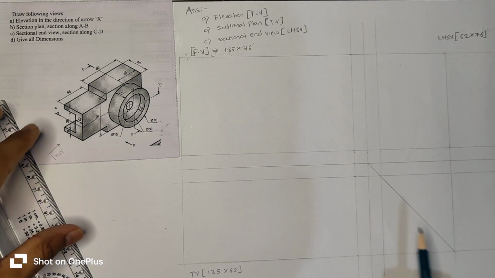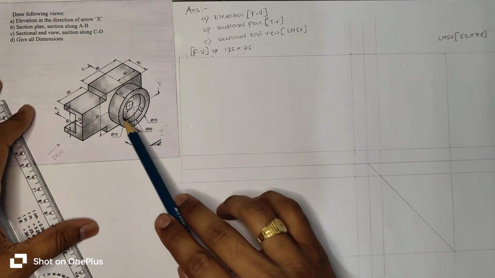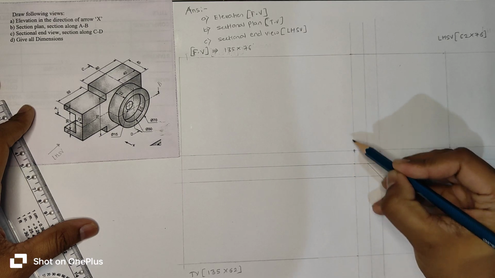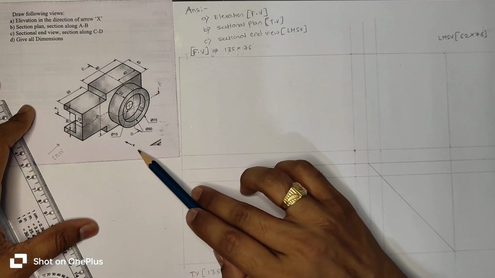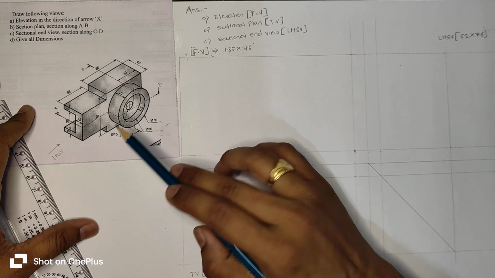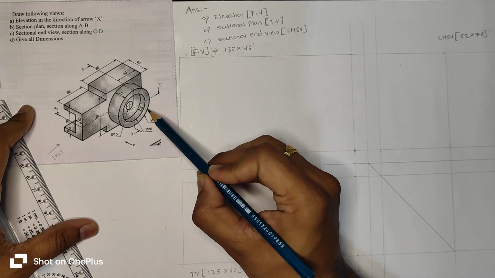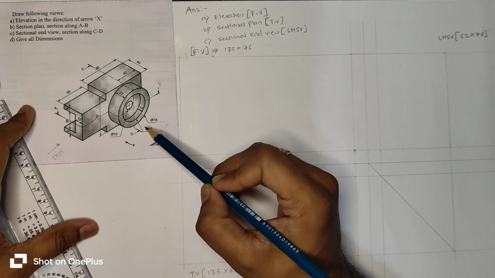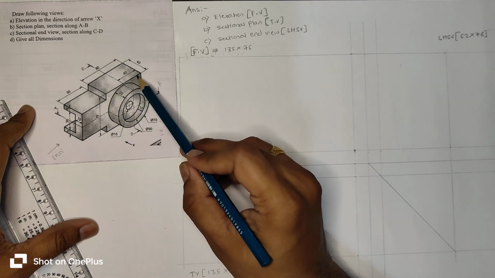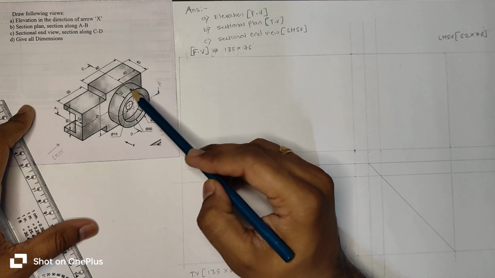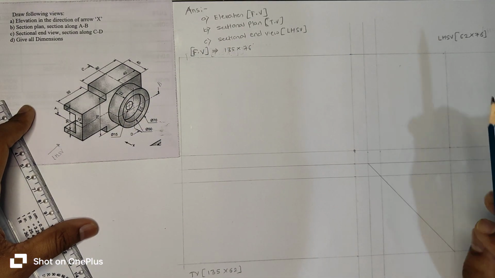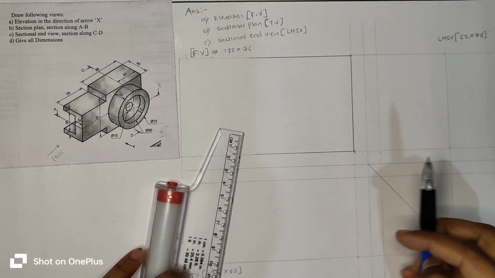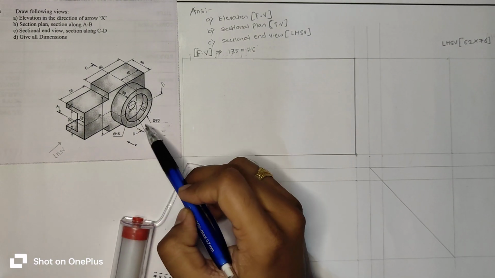Now we will draw the elevation, that is front view along arrow X. So this is the starting point of front view, and here if we look at this object from this direction, then the corner point which is not visible in this diagram is the starting point. So first we will draw a rectangle of 80 by height 76 from this point. This is 80 by 76.